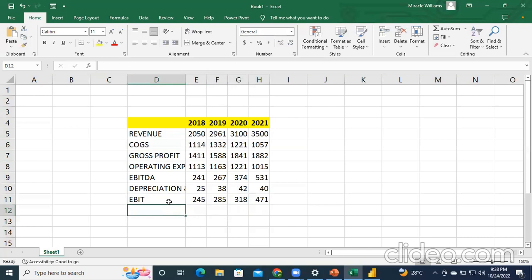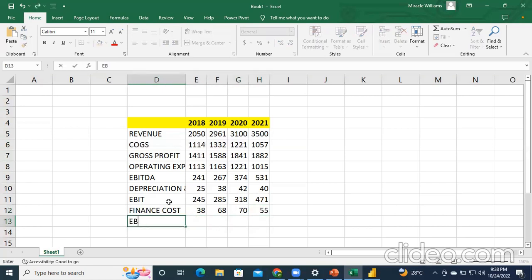Then let's also add our finance costs, because it's very important that it's taken into consideration. For 2018 our finance cost was 38. For 2019 it was 68. For 2020 it was 70. Then for 2021 it was 55.